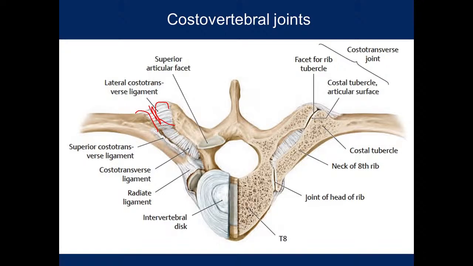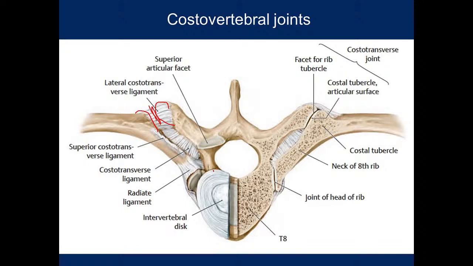This type of joint is generally found only at ribs from the fifth to the tenth, because the 11th and 12th ribs have no such joints.